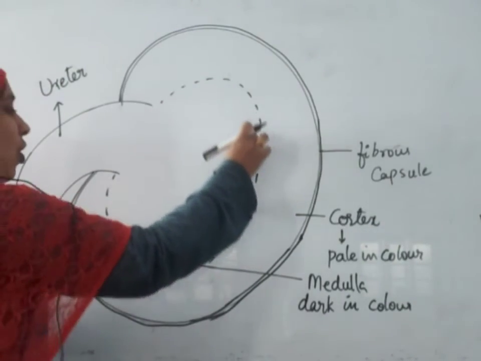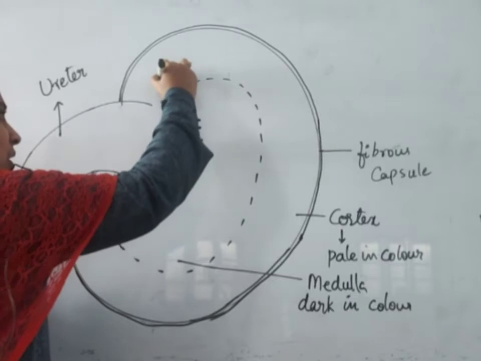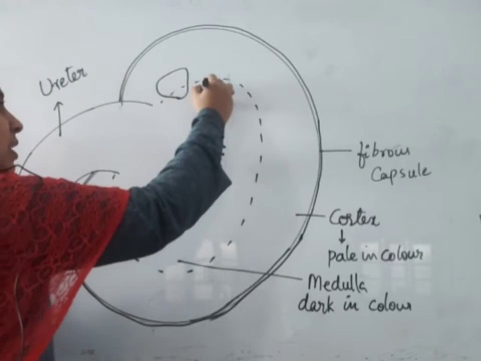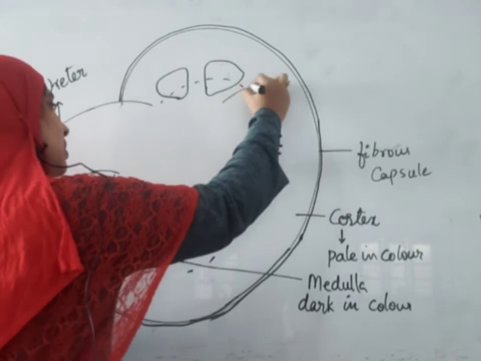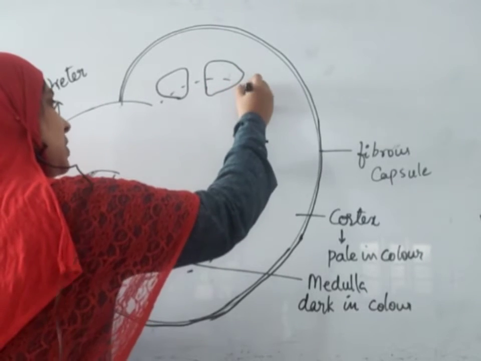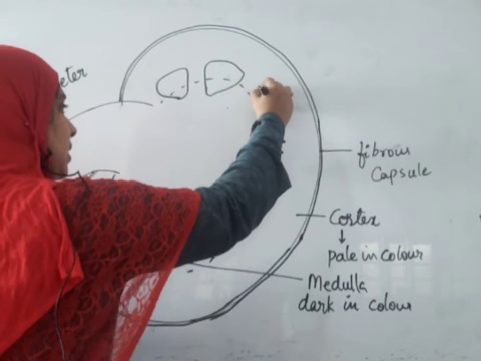And the portion of, mostly in cortex, some in medulla, there are some pyramid shaped structures. Pyramid shaped structures means Egyptian pyramids.